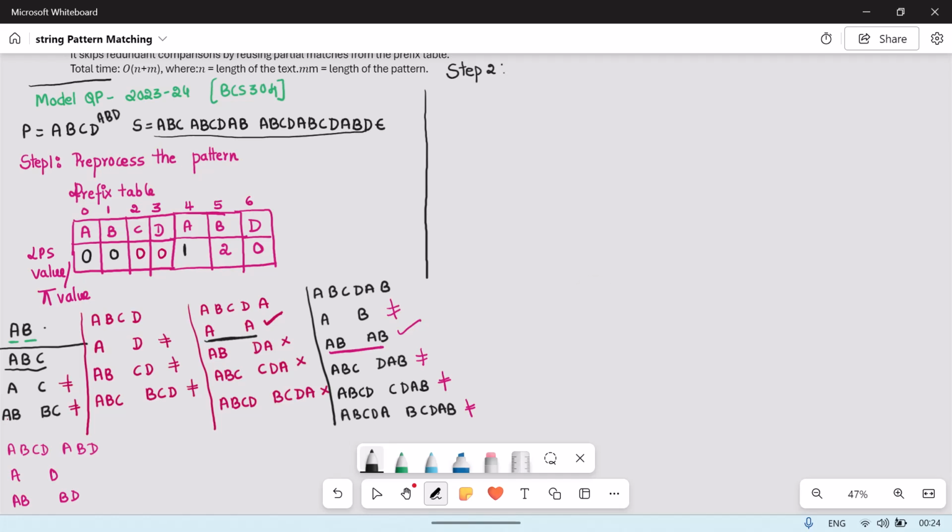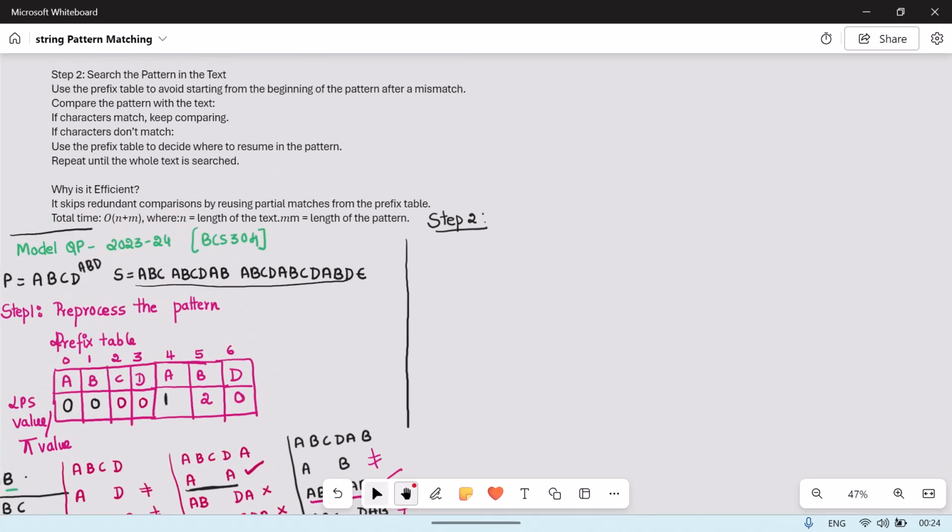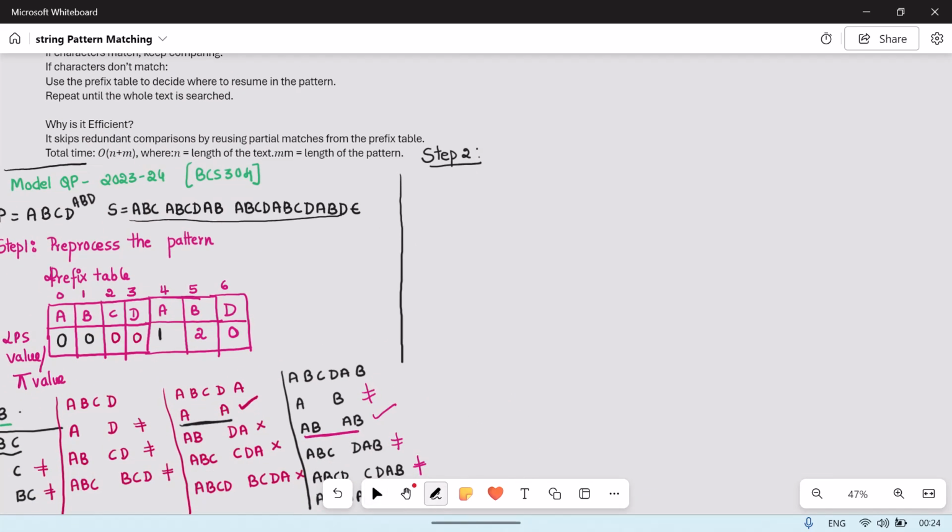Step number 2 says, search the pattern in the text. Or this can also be called as string. Okay, like this. Now let us do this.